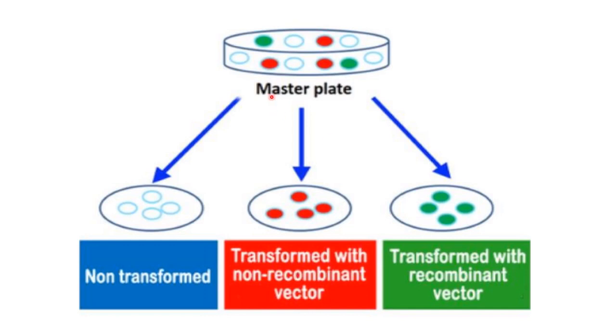You can see here, this is our master plate in which all the bacterial host cells are there, and in this master plate we will have three types of cells. Non-transformed cells in which no plasmid is there, transformed cells with non-recombinant plasmid or non-recombinant vector, and transformed cells with recombinant vector.